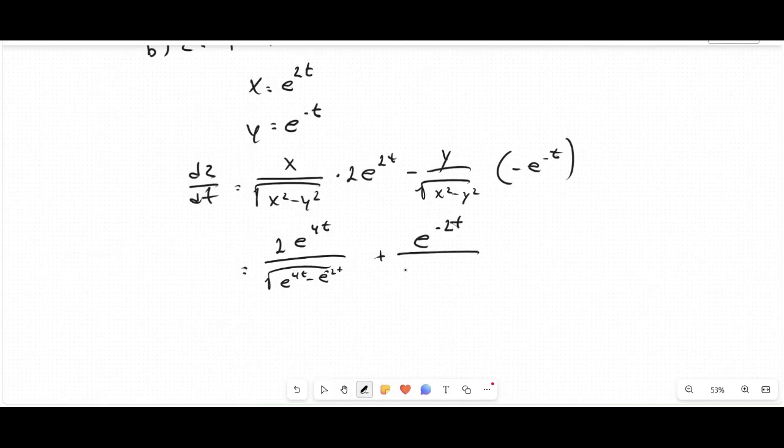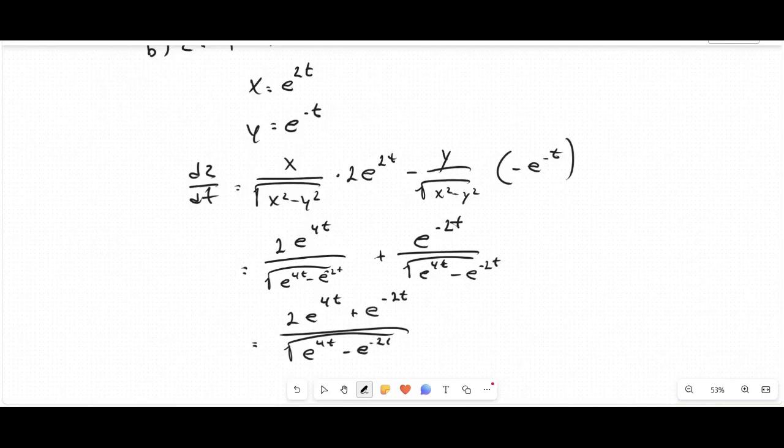Over root, same thing, e to the 4t minus e to the negative 2t. And then we can simplify a bit: 2e to the 4t plus e to the negative 2t over root e to the 4t minus e to the negative 2t.